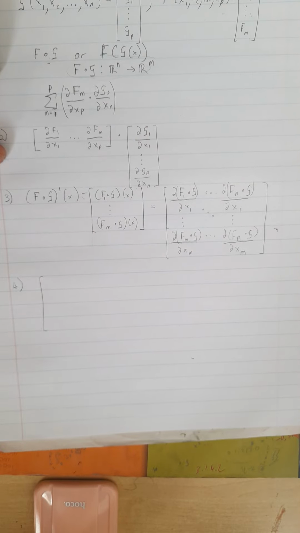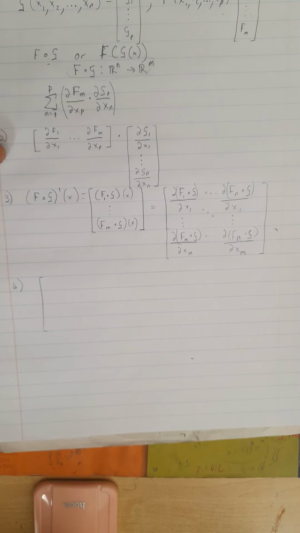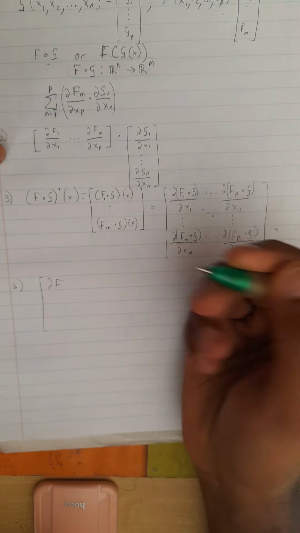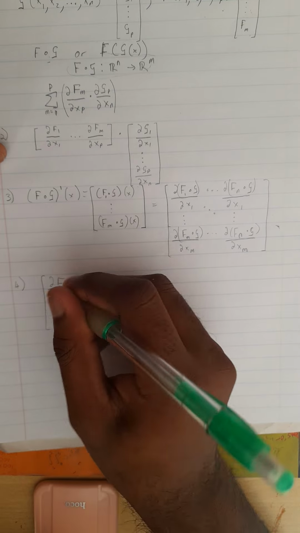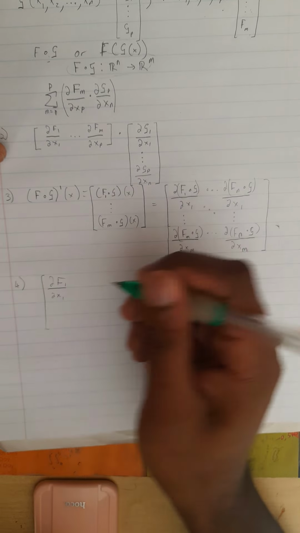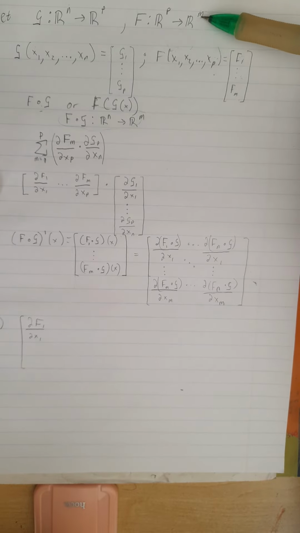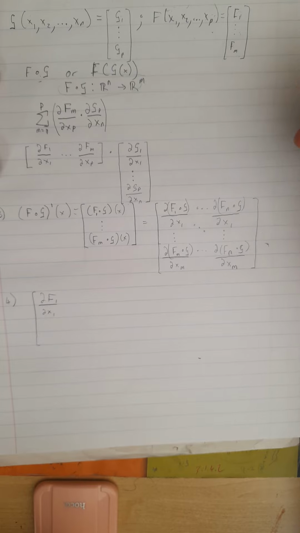But now that we have the derivatives, we have to swap them as well. So it's going to be the partial derivative of f1 with respect to x1. So it's going to be m rows, p columns.